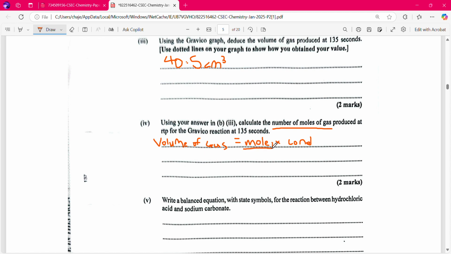We can add everything around it. So the volume of the gas that they gave us would have been 40.5 centimeters cube.